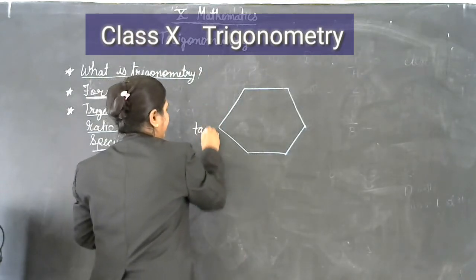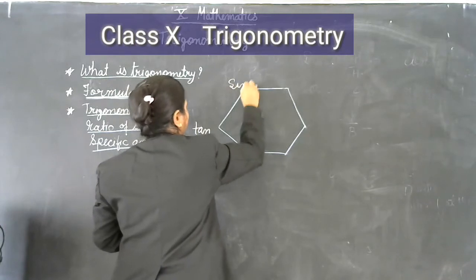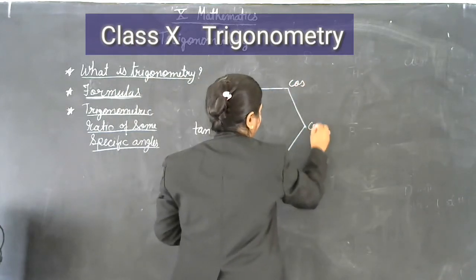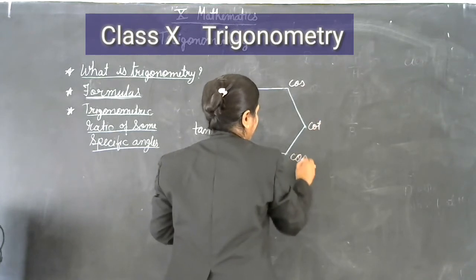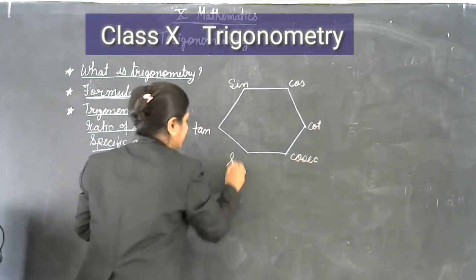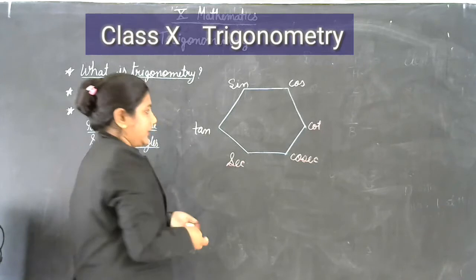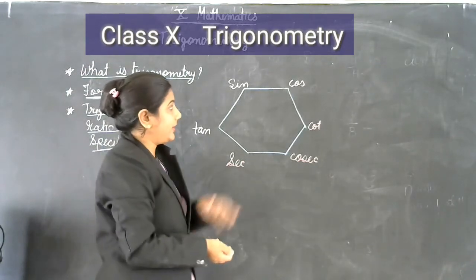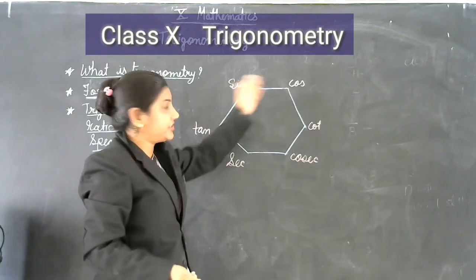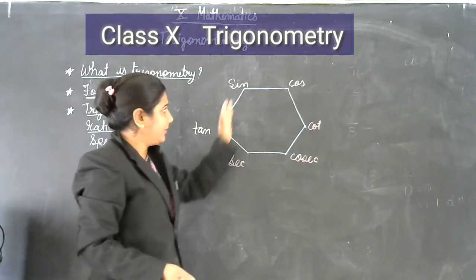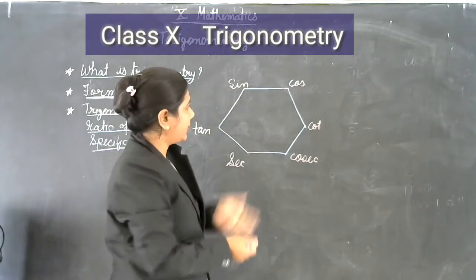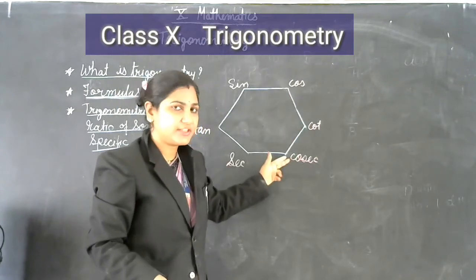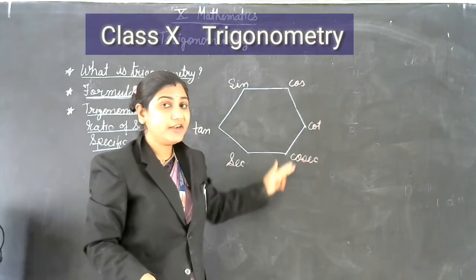Tan theta, sin, cos, cot, cosec and sec. In this you have to remember one thing: you have to write all these functions in proper sequence. On the right side of the hexagon you write the C functions, means cos, cot and cosec.